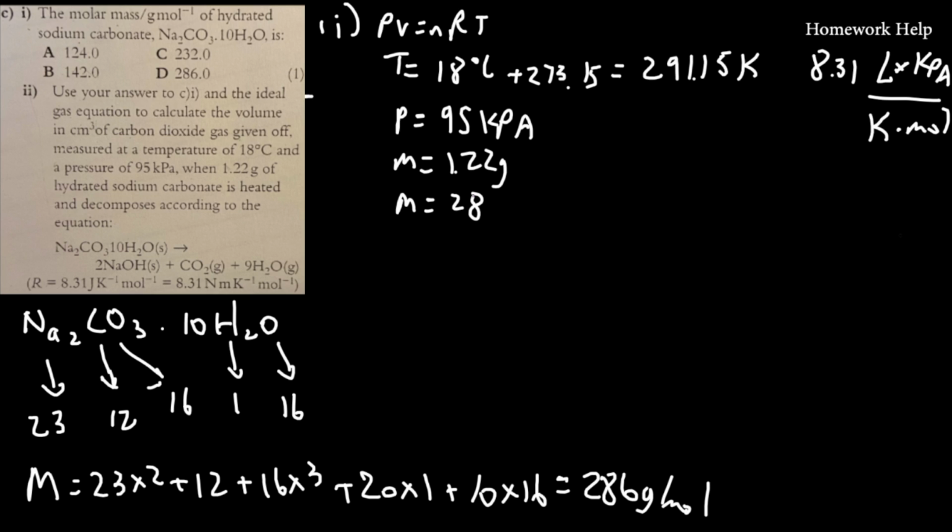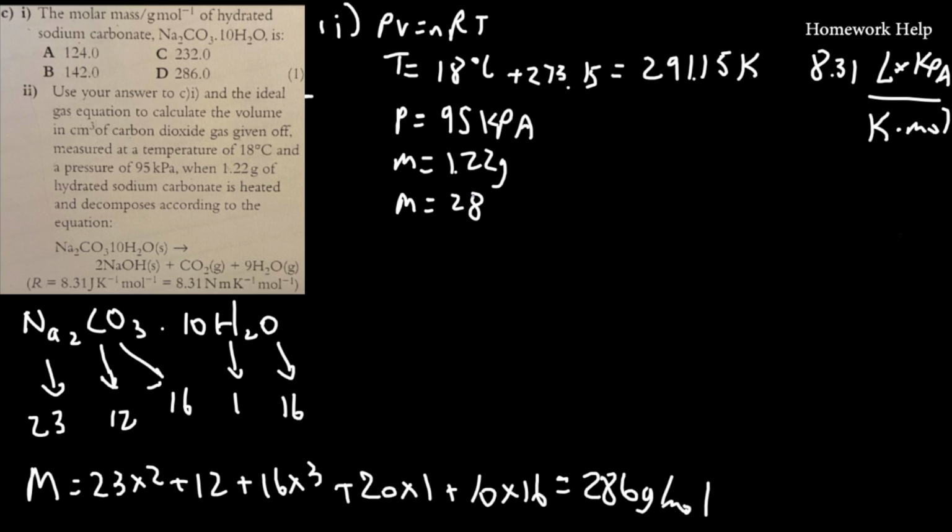So since you have mass and molar mass, you can find out the moles because moles is n equals little m over big M. So down here, this is actually big M. So you have 1.22 divided by 286, and you should get 4.26 times 10 to the negative 3. Just a note, in this question, I am not factoring significant figures. So if your teacher requires you to do that, please do that.